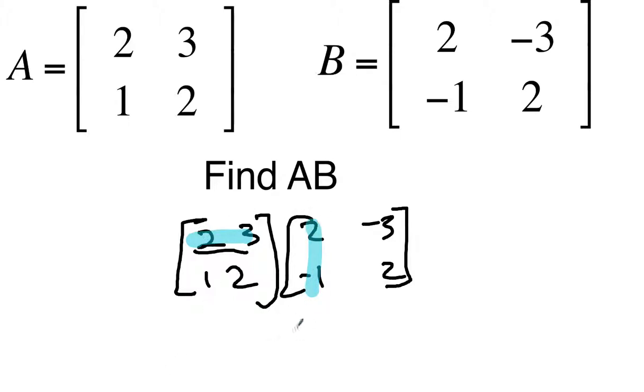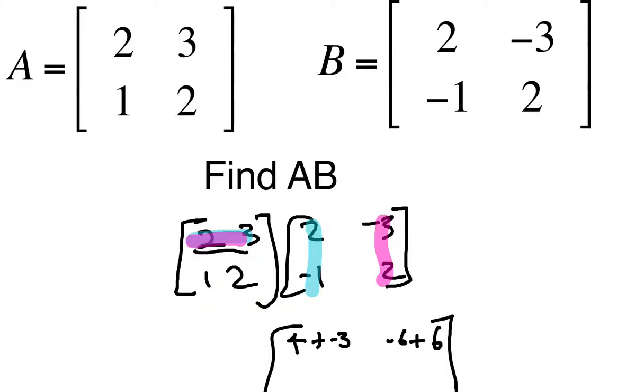So 2 times 2 gives me 4, plus 3 times negative 1 is negative 3. Now I'm going to multiply row 1 times column 2, and I get 2 times negative 2 is negative 6, plus 3 times 2, which is a positive 6.